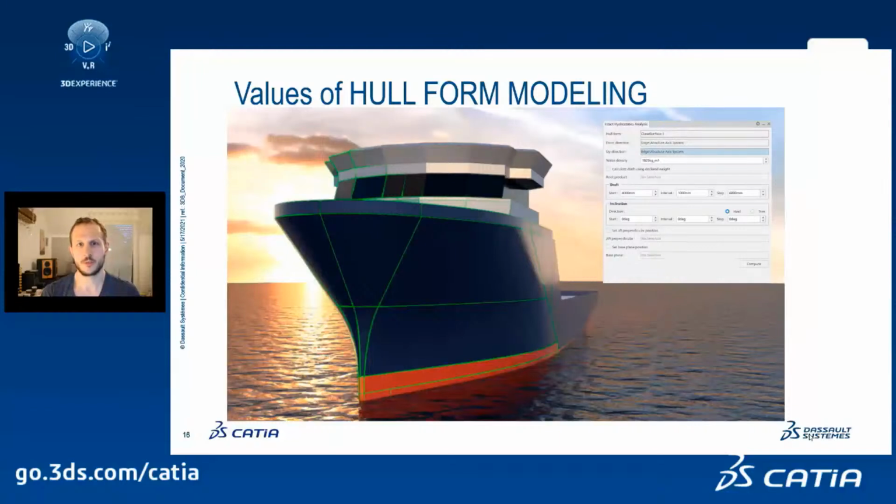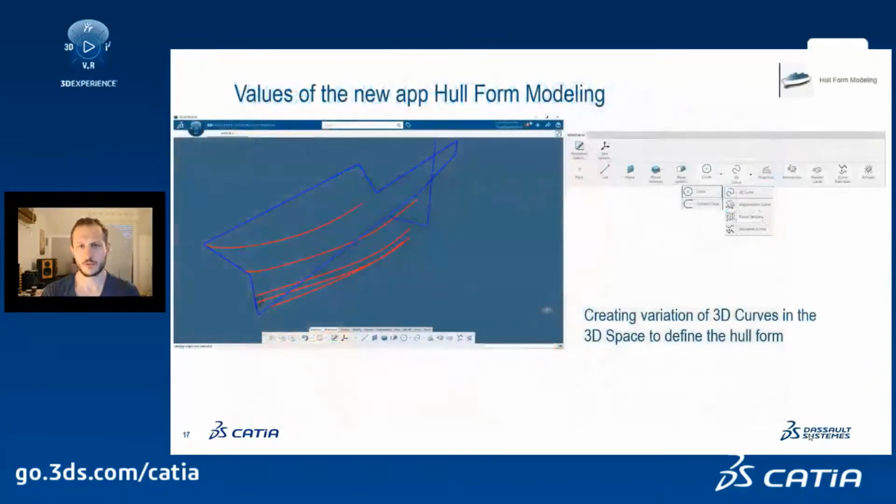Now let's jump into the details of our new application, Hullform Modeling, and what values you can expect from that. So first of all, I have to say that if you're an experienced Catia user, you will recognize a lot of features from our legacy apps or former apps. So starting in the surfacing or in the creation part, you're starting on the wireframing.